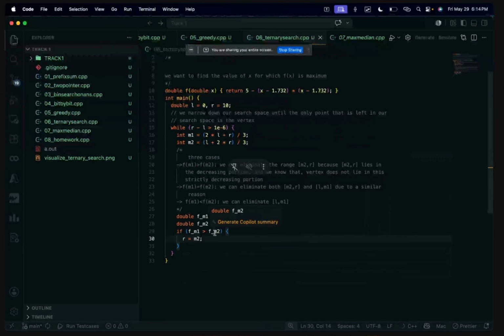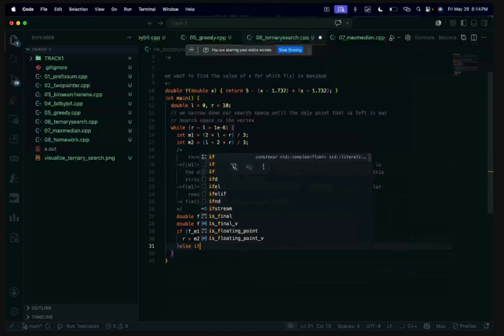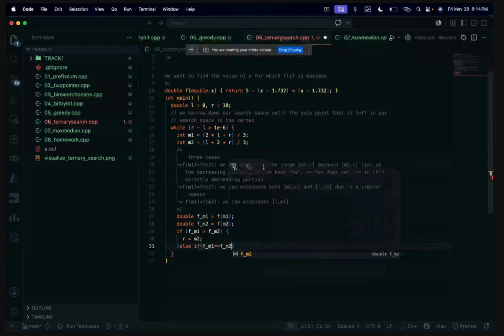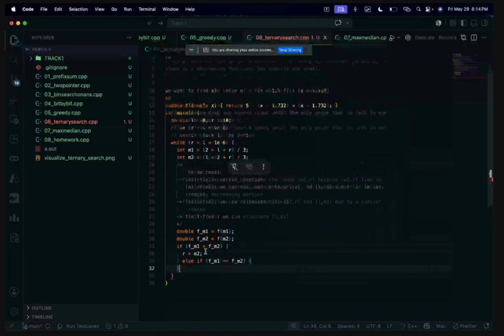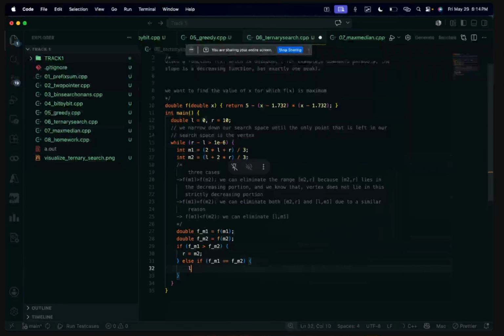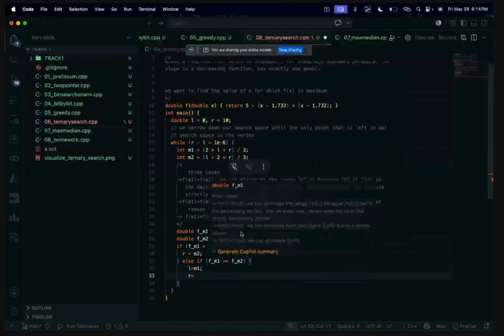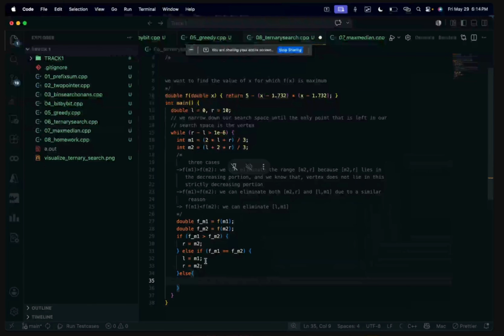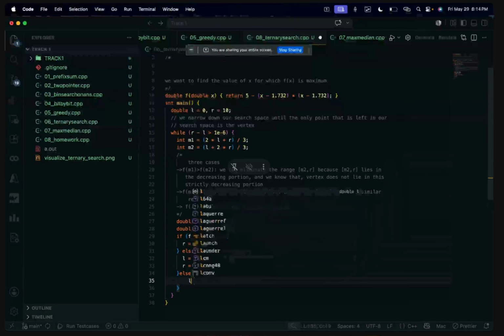By setting r equal to m2, our new search space becomes l comma m2, which eliminates the search space m2 to r. So if this condition is not satisfied, we'll check the equality condition. If they're equal, we will apply both these narrowings, that is, set both l equal to m1 and r equal to m2. And else we just set l equal to m1.